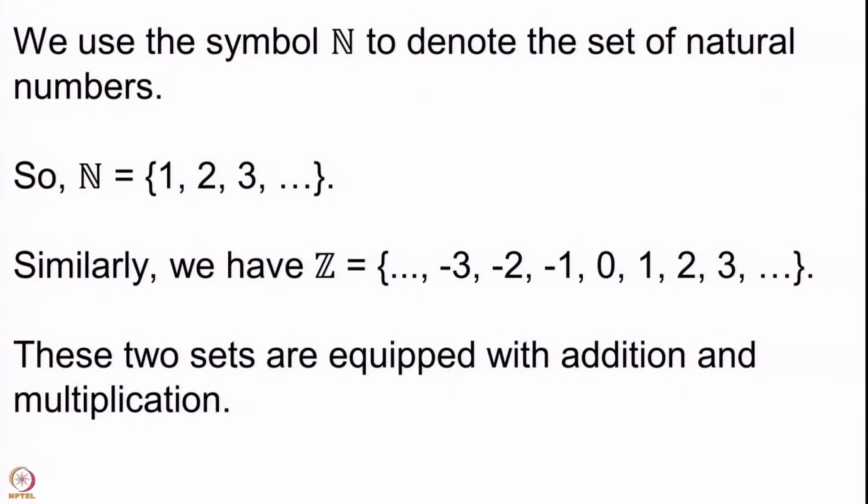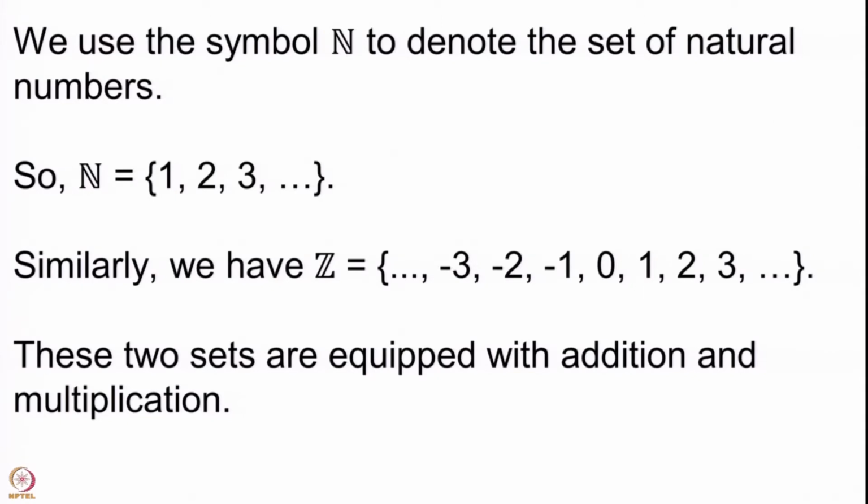I will let you figure out that product. Similarly, we have the product structure on the set Z. What it means is the following: these two sets N and Z are equipped with addition and multiplication.